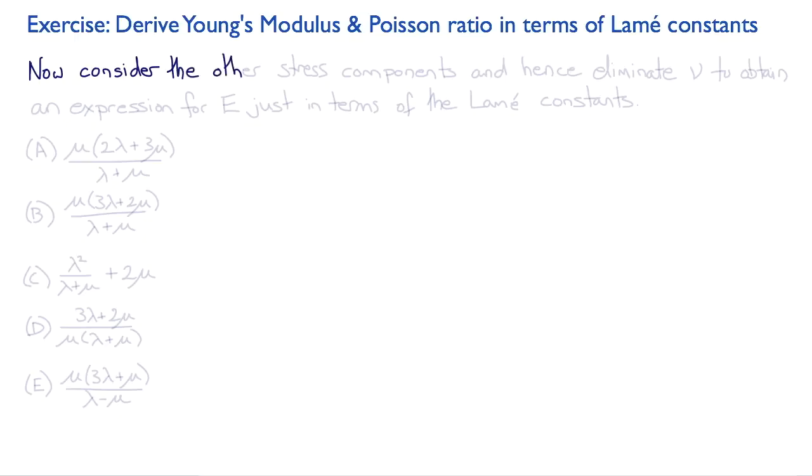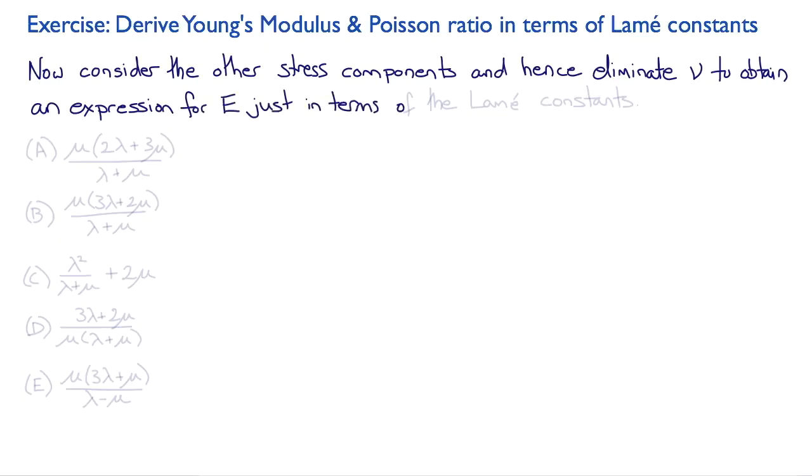Now let's consider the other stress components in this problem and use them to eliminate nu from the previous answer to obtain an expression for the Young's modulus E only in terms of the Lamé constants, lambda and mu. Did you get A, mu times (2 lambda plus 3 mu) all over (lambda plus mu)?